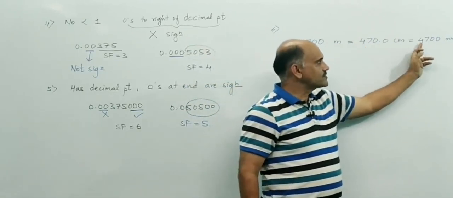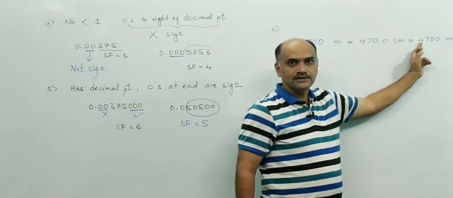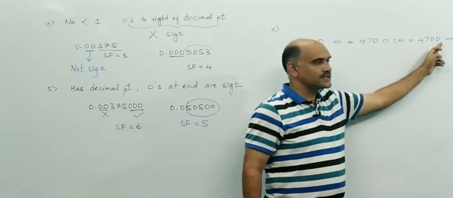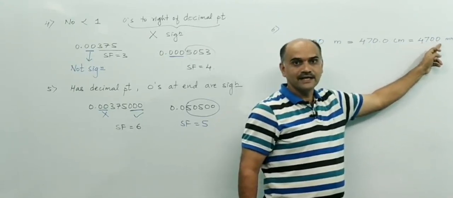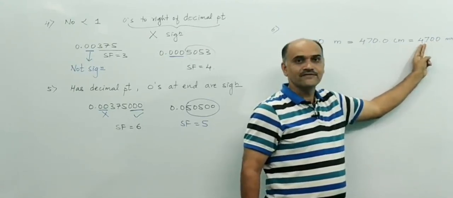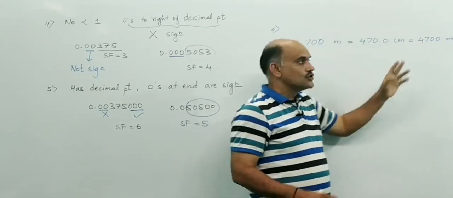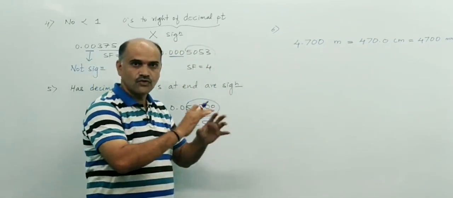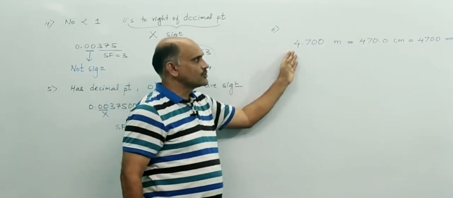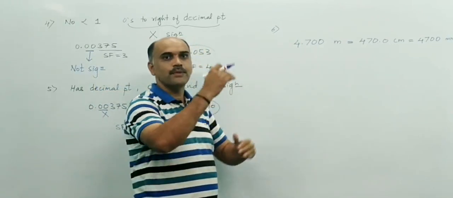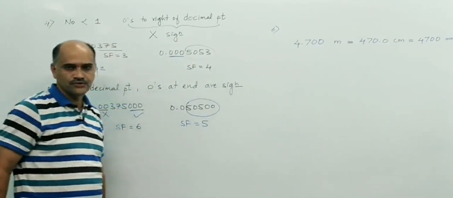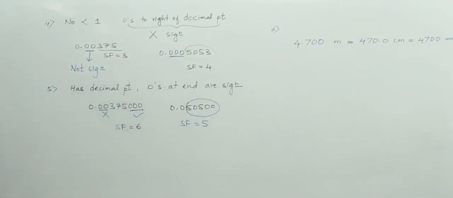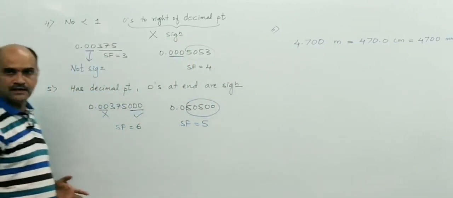But here there is no decimal point, so the zeros at the end we neglect. So the significant figures will be 2. In such cases where you get confused, the rule states that you should express the number as a power of 10.